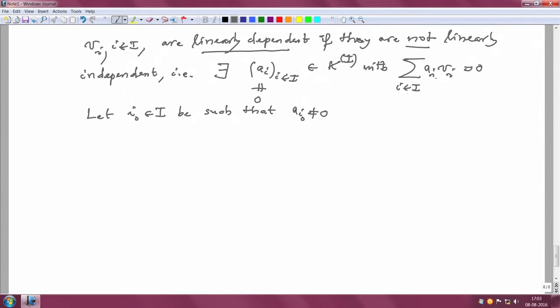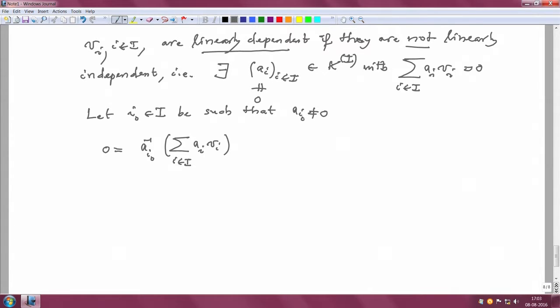You multiply this by a_{i_0} inverse, and this is also 0 because the sum was 0 and you have multiplied it by a_{i_0} inverse. a_{i_0} inverse exists because a_{i_0} is a non-zero element in the field.